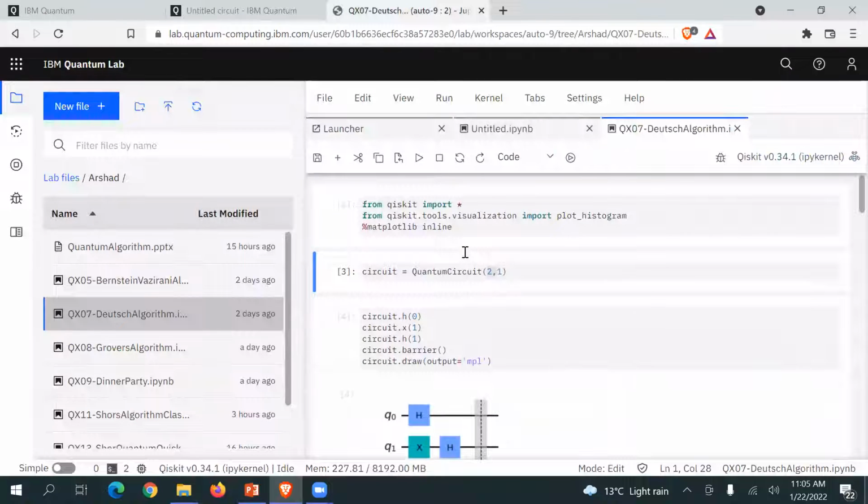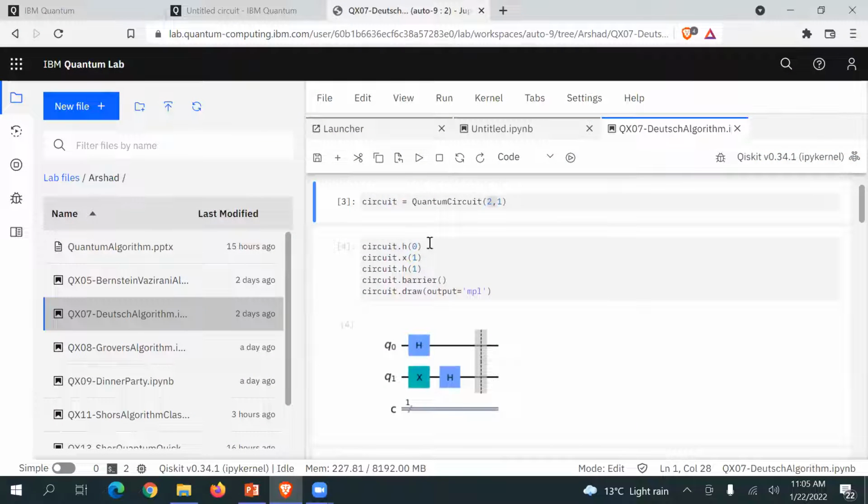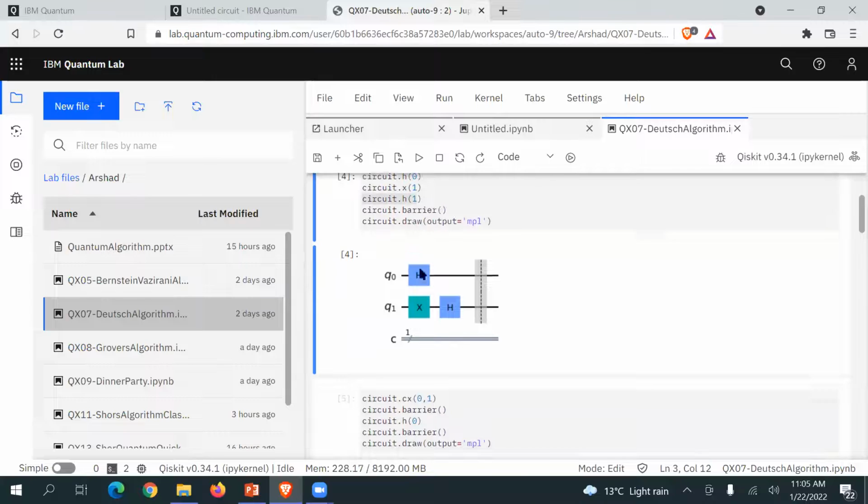We have taken a circuit of 2 qubits and put a Hadamard gate on the first qubit, then put an X gate on the other qubit, then a Hadamard gate on the second qubit.